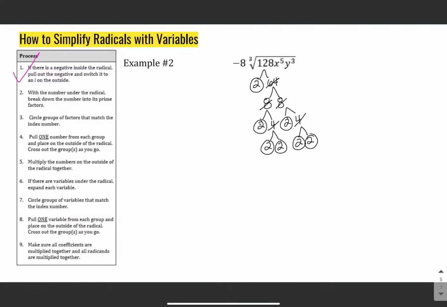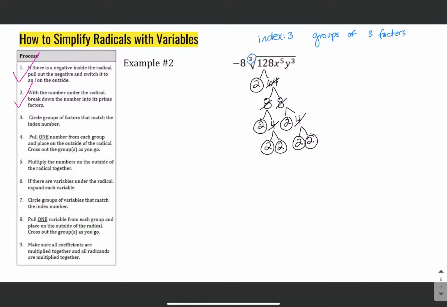Now, what's a little bit different here? So I broke down my number on the inside underneath my radical. I got that down, step 2. Now notice step 3. It says circle the groups of factors that match the index number. And this is where things get a little bit different because notice your index number here is a 3. So that means you need groups of 3 factors.